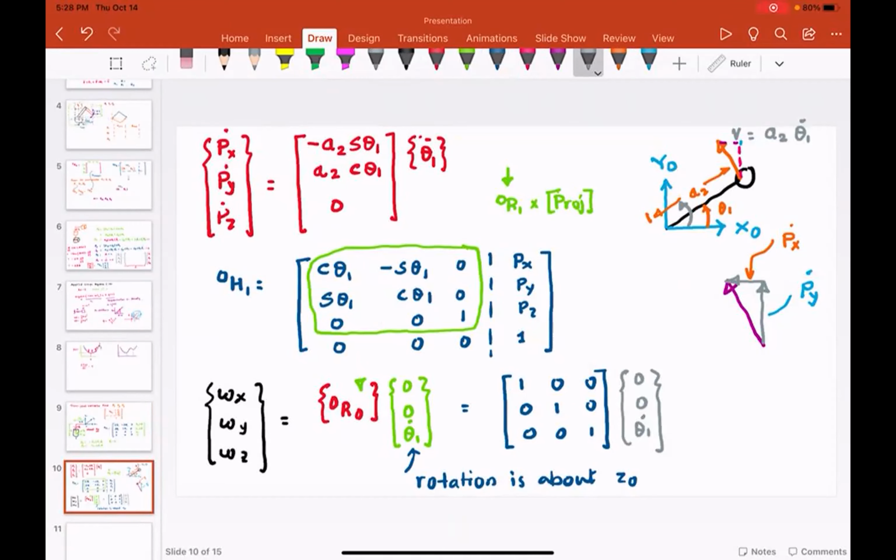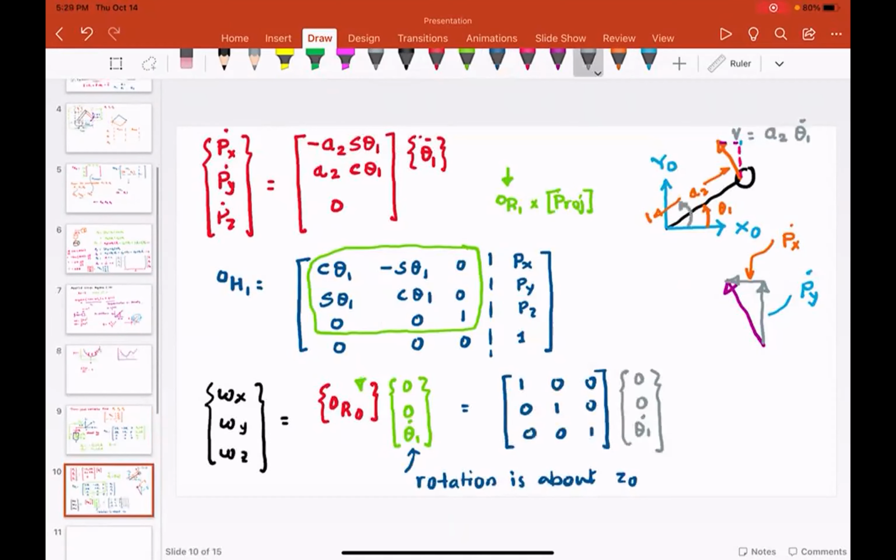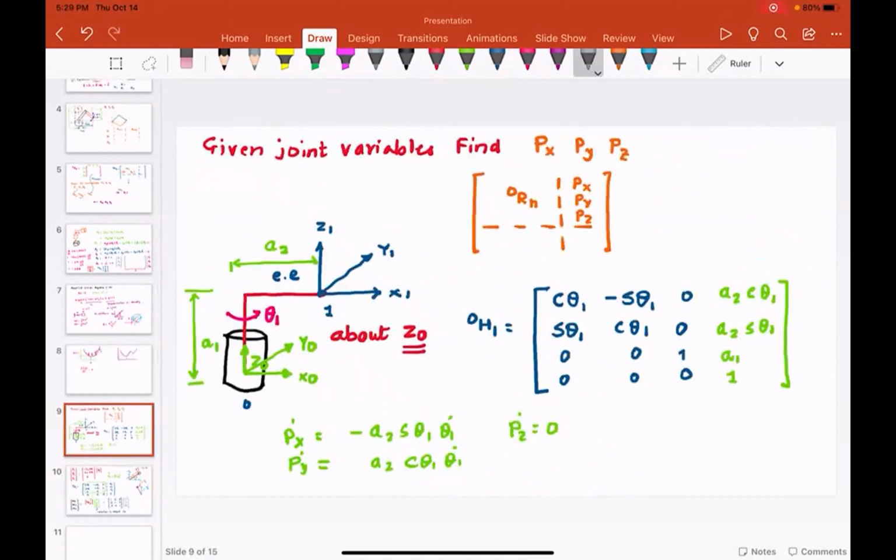Now, at this point, I want to extend this discussion a little bit. Instead of the end effector being here, I have another revolute joint here.